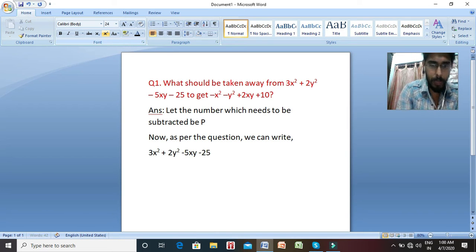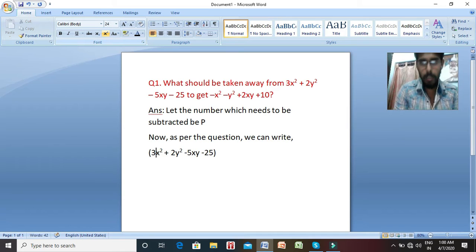We are going to put this entire thing in a bracket, and after that we are going to subtract p from it, because that is what we have to subtract.